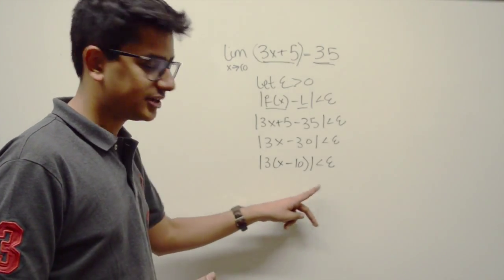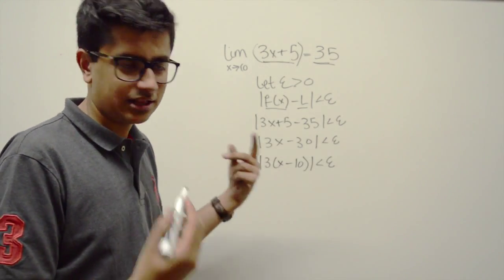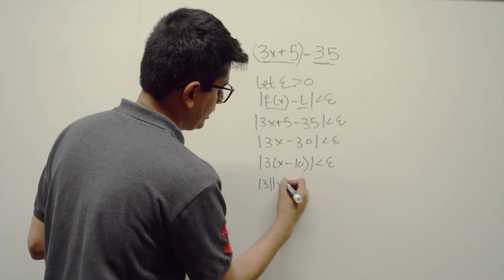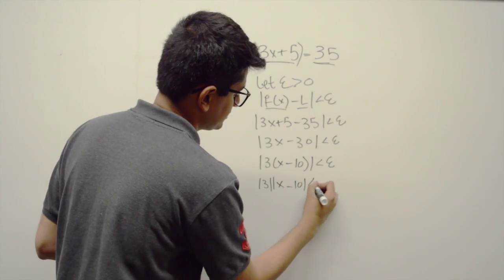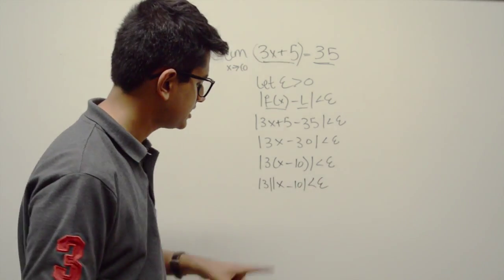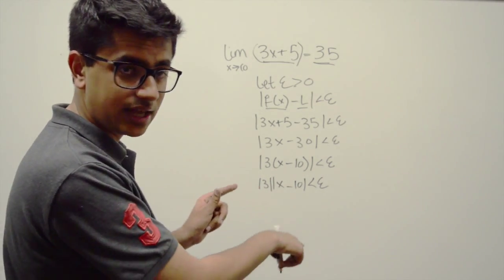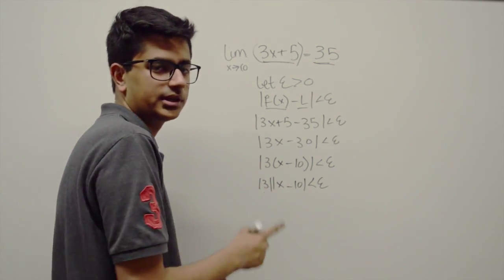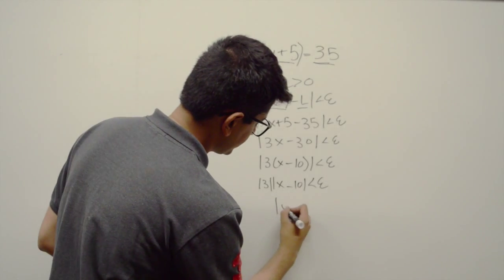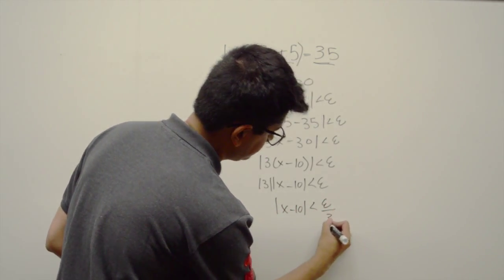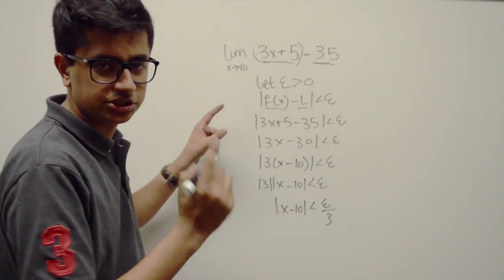So you have |3(x - 10)|. Using absolute value properties, you can bring this 3 out, so you get 3|x - 10| smaller than epsilon. Makes sense? Now we need to isolate |x - 10| on its own. So we divide both sides by the absolute value of 3, which is just 3. So you get |x - 10| smaller than epsilon over 3, which is exactly what we wanted.